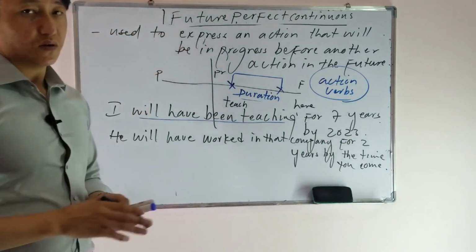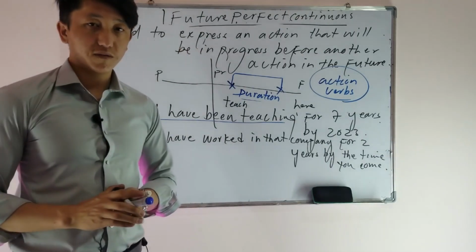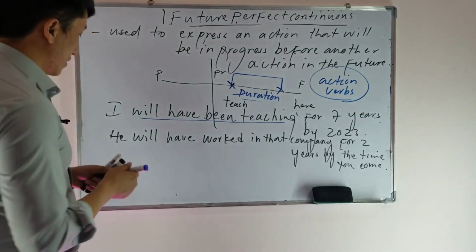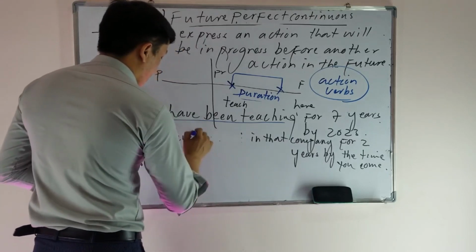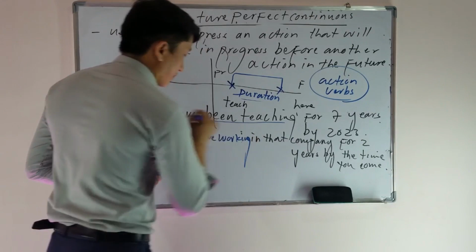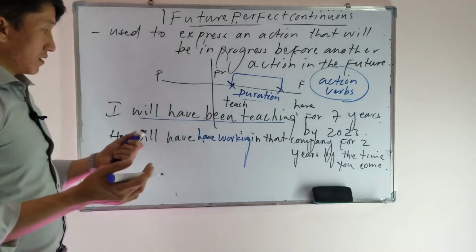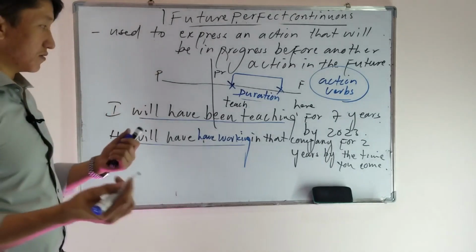You leave, you go, and by the time you come back, it will be 2 years that person will have worked in that company. So we can say he will have worked, or we can also say he will have been working. Both of them are right for work. But for the other actions, we have to use will have been working. But for work and live, we can use both of them.